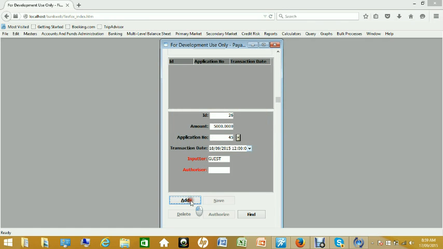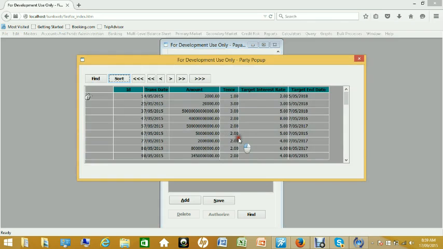Let's add one more transaction for 19th of September. Let's enter the amount as 15,000. Let's enter application number.